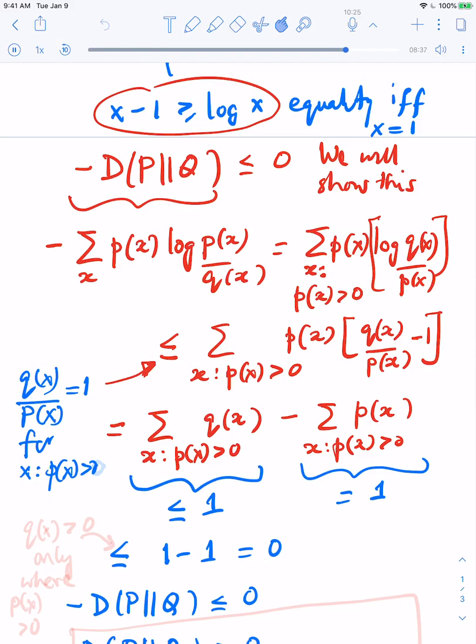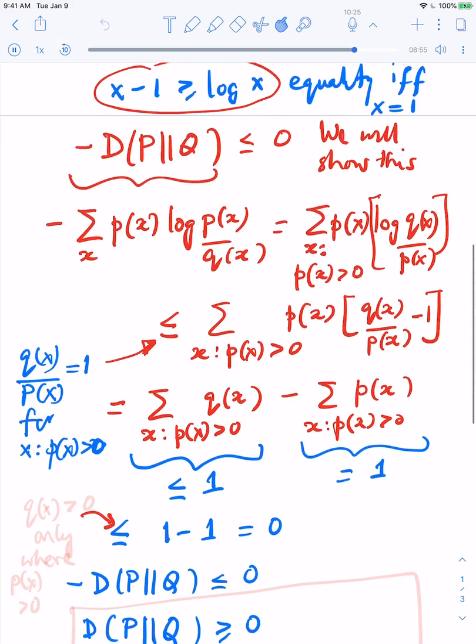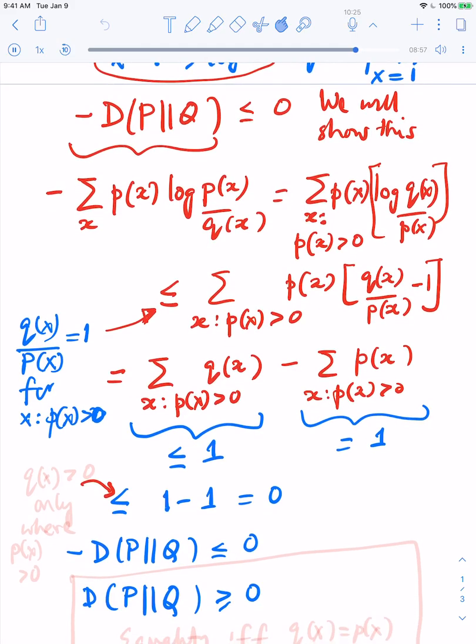So this gives me part of the equality condition. If p of x is positive for all x, then I'm done, but it need not be. It may vanish at certain places, and q of x may not vanish at those places, right? So that's one condition. So what about the second inequality? Here, the second inequality says that the q of x summed over all x such that p of x is bigger than 0 is less than or equal to 1. So for that to be equal to 1, it means that q of x should be non-zero only at these places.